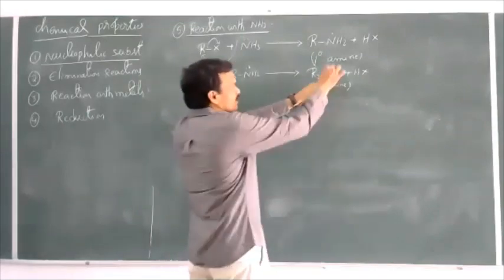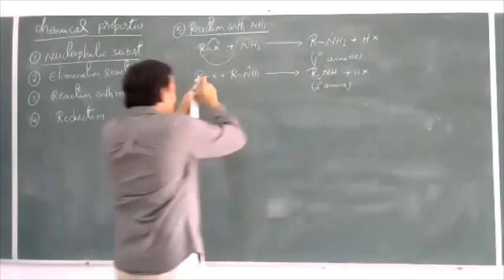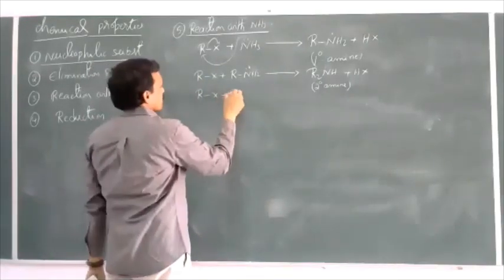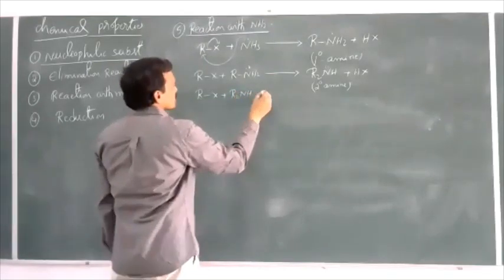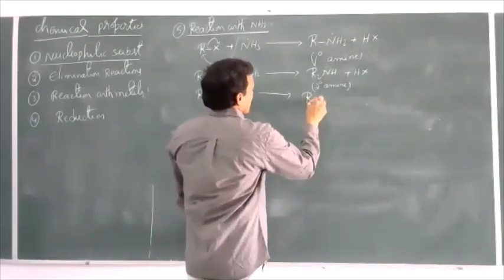Now still it contains lone pair of electrons and replaceable hydrogen. So this will attack another haloalkane molecule, RX plus R2NH gives rise to R3N.